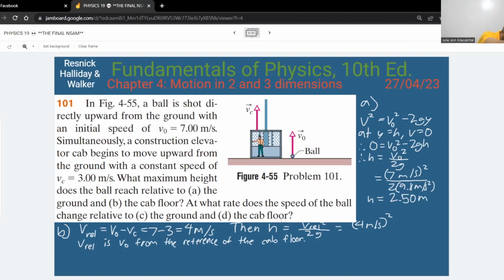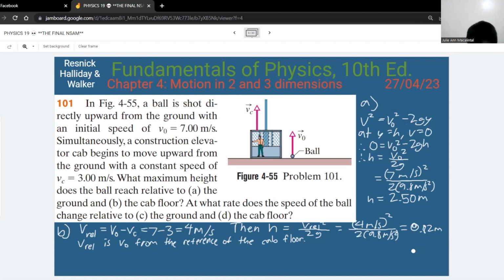Okay, so 0.82 meters from the floor of the cab.